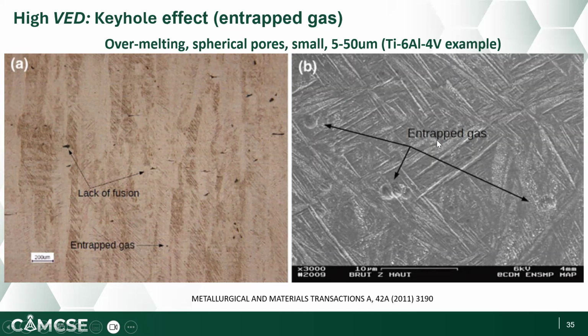So this will lead to trapped gas from the environment. Once the trapped gas enters the melted pool, it will form spherical pores. Typically, these entrapped gases are small, between 5 and 50 microns in size, and they are highly spherical.